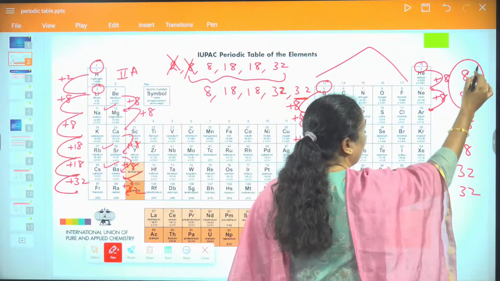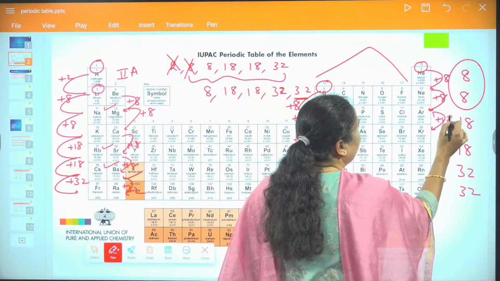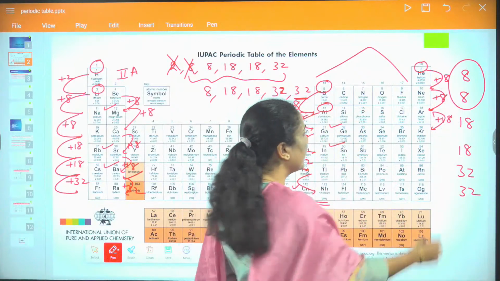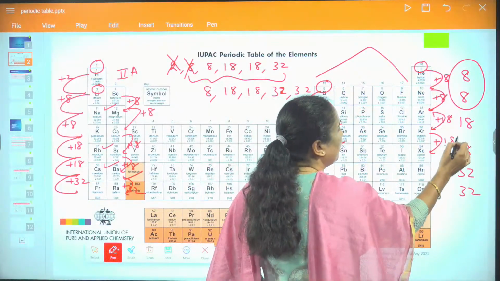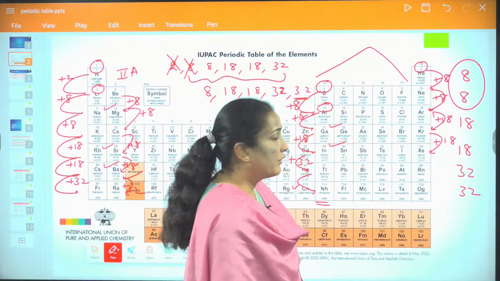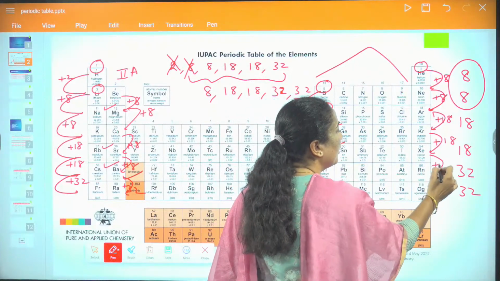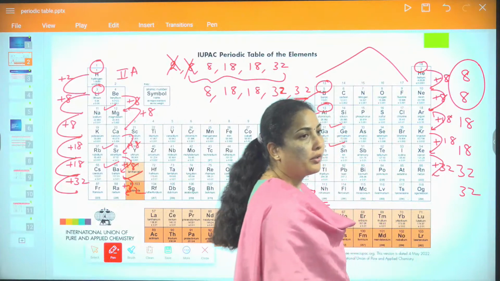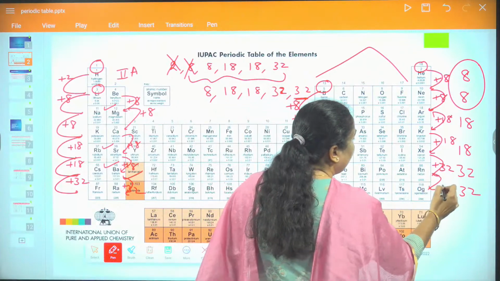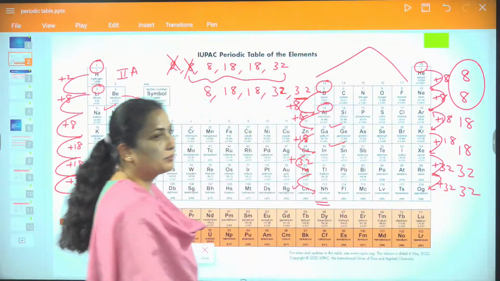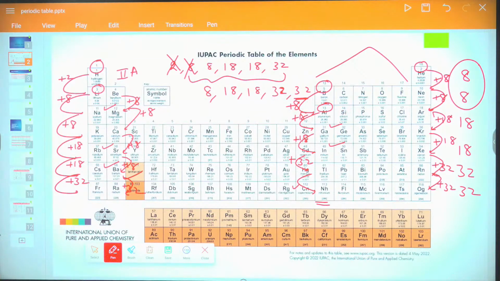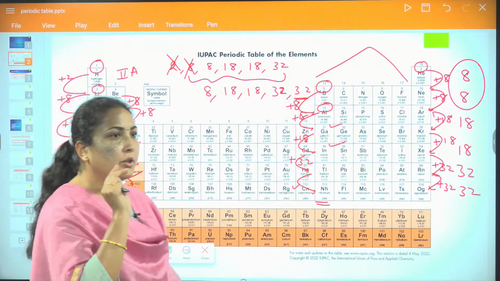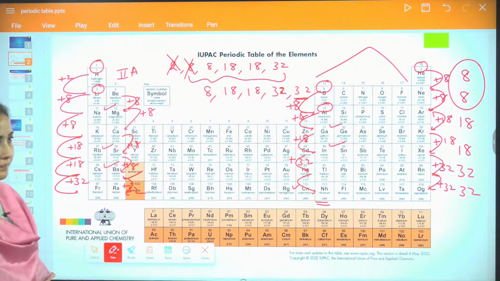So 2 times 8 is over. Then add 1 time 18, you got krypton, which is 36. Add 1 more time 18, you got 54, which is xenon. Now 32 you add, you got radon. Then you add another 32, you got oganesson. Got it? 2 times 8, 2 times 18, 2 times 32.